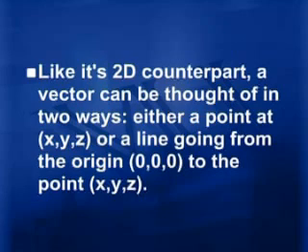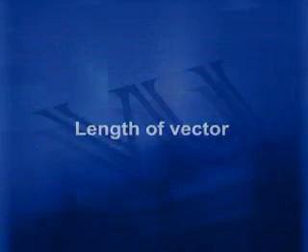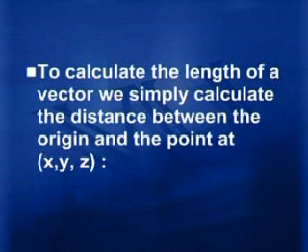So we'll be making use of both concepts of vector. In order to calculate the length of any given vector, we can simply calculate the distance between the origin and the point at xyz. So we know point xyz, we want to calculate the length.